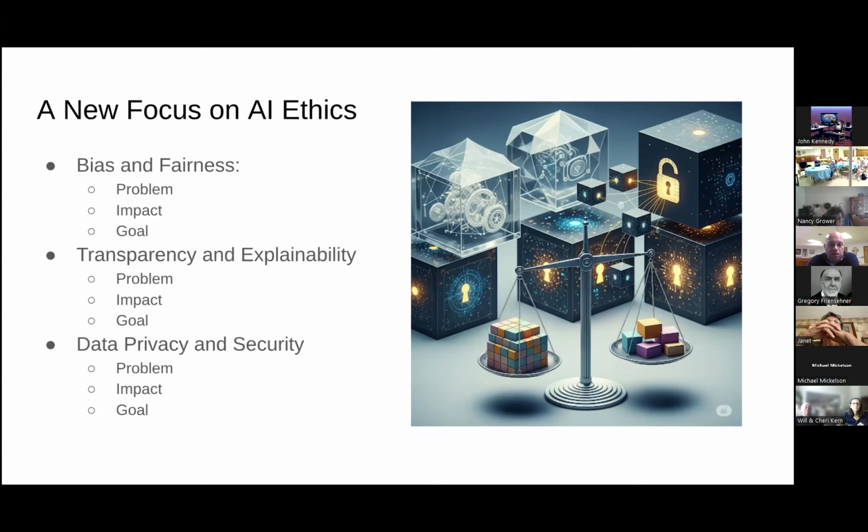Transparency and explainability is also known as the black box problem. Many advanced AI models, especially deep learning ones with neural networks, operate as black boxes because the creators of those neural networks create the training algorithms that go out and investigate all this data that's supplied.